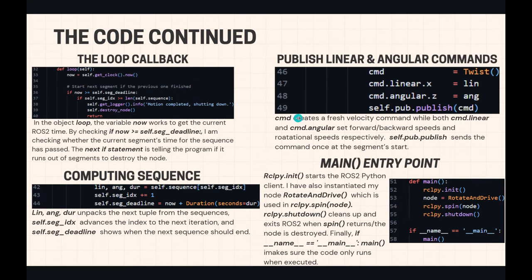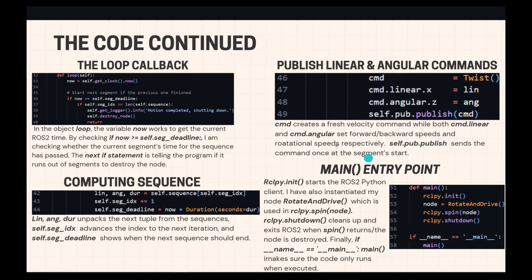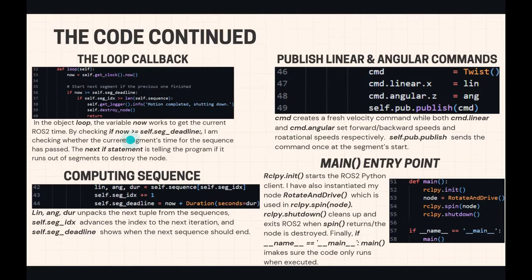And what I'm doing in the next code is creating velocity commands for the Twist. It has, as I mentioned before, linear and angular commands, and I'm allowing it to publish the command at the segment start. So that's going to be up here, I believe. And then after, this is for initializing the libraries.